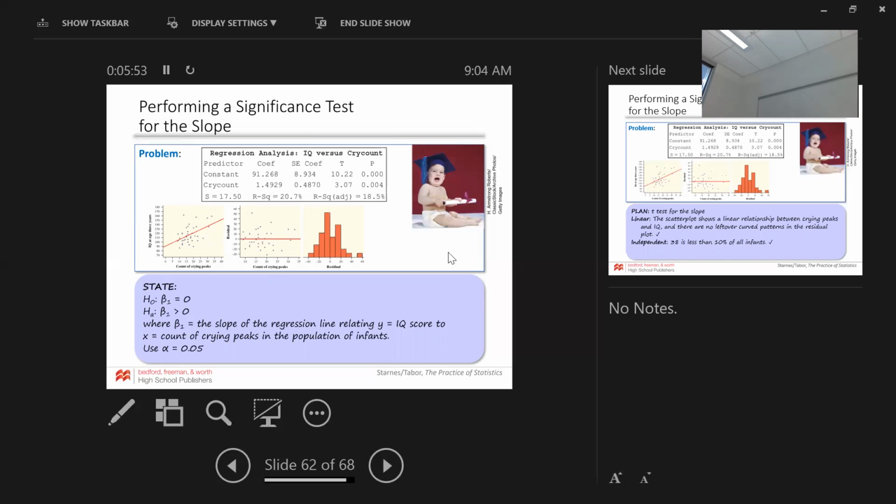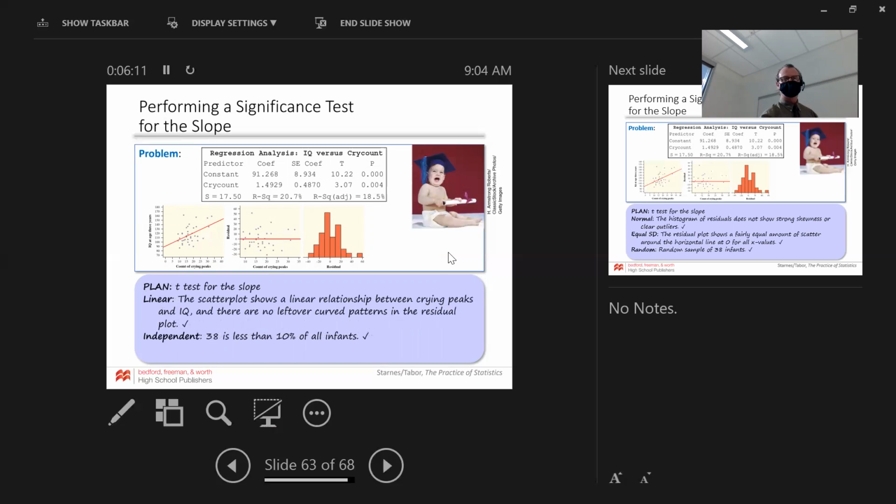You have to do this before you collect the data, but we believe that as crying goes up, the IQ goes up. That's what we're testing. T-test for the slope.